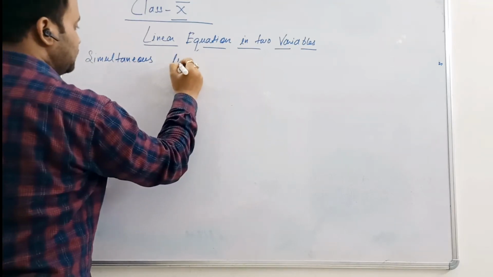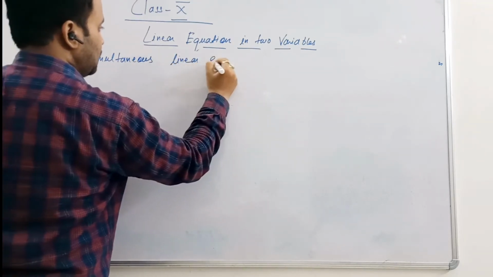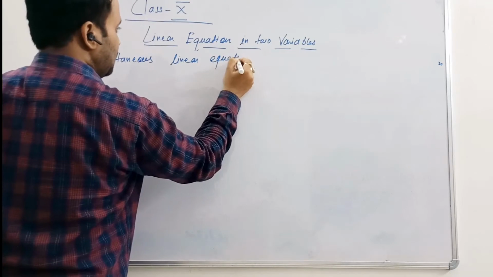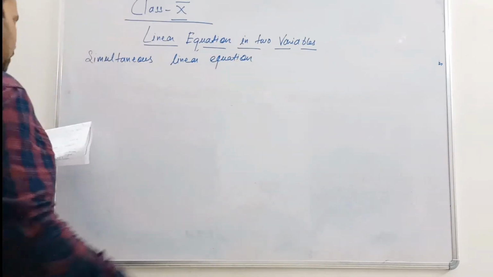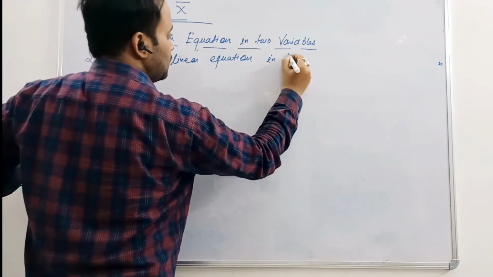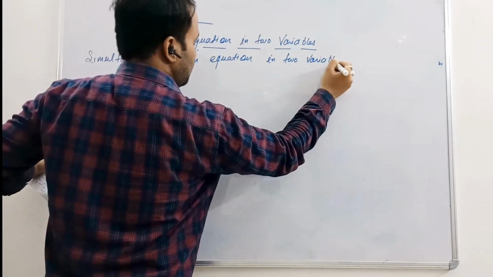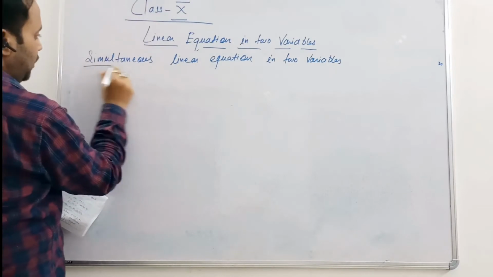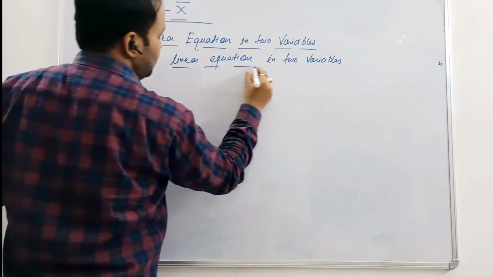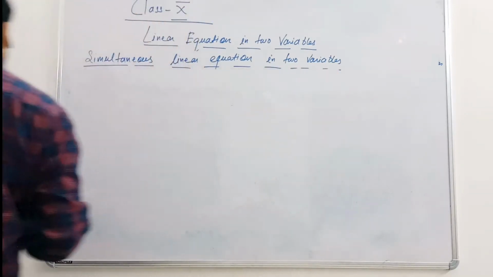Simultaneous linear equations in two variables. What does simultaneous mean? First we define it.